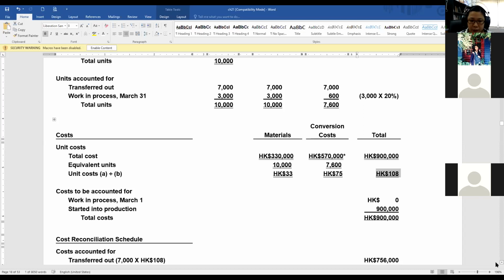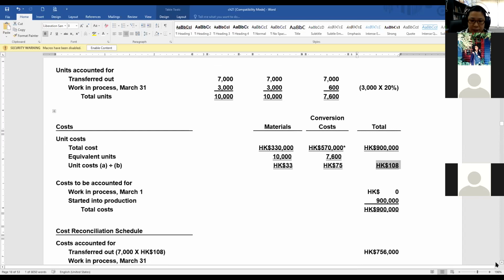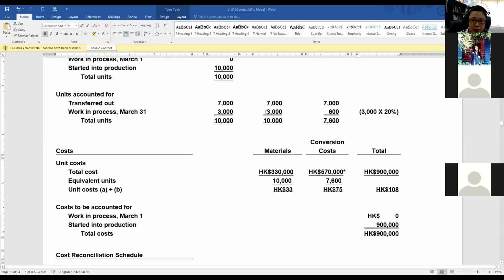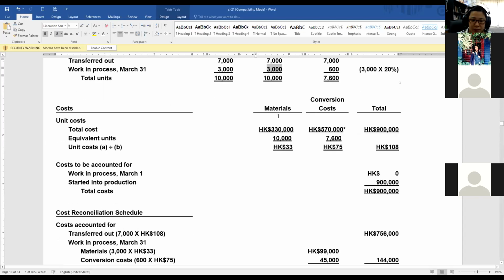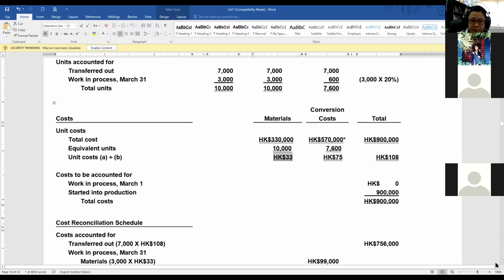And then we have work in process at the end. How much is that? We will look at the material at the end here, class. The material at the end, we have 3,000 units of material at the end. Did you see that? 3,000. So we take 3,000 times 33 is the cost of material. 3,000 times 33, that will give us 99,000.